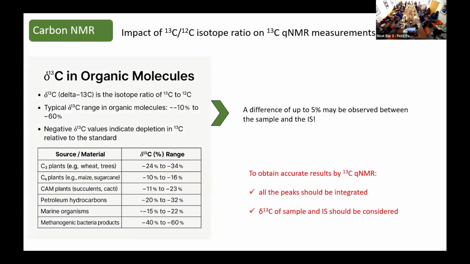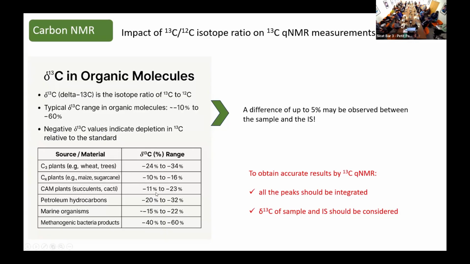Another thing that we should take into consideration, and we didn't find this in literature before, is the isotope ratio of the whole molecule of the analyte and the internal standard. So here, when we look at the delta carbon-13 for organic molecules, we can have variations. These delta values are with reference formula.